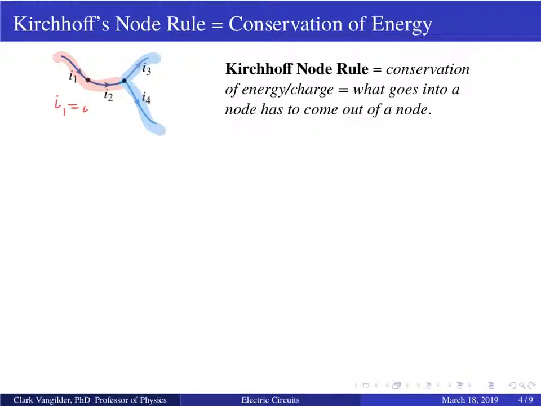I1 has to equal I2 because it's the same thing. It went into a node that had no split. So what you had on one side of that dot has to be what's on the other side of the dot. But then up here, I2 has to be the sum of I3 and I4.